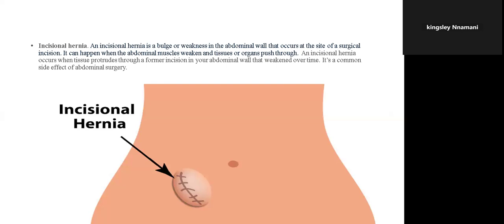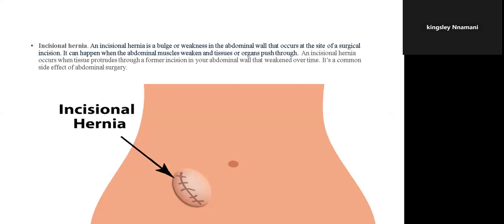Some of our mothers that went through cesarean sections, depending on the doctor that did it, if you look at the section where that section was done, you find there's this bulge. Once you have this bulge right there, you are looking at incisional hernia. So an incisional hernia occurs when tissue protrudes through a former incision in your abdominal wall that weakened over time.